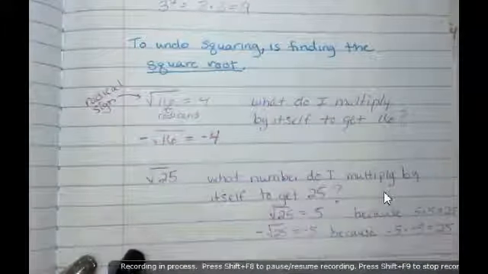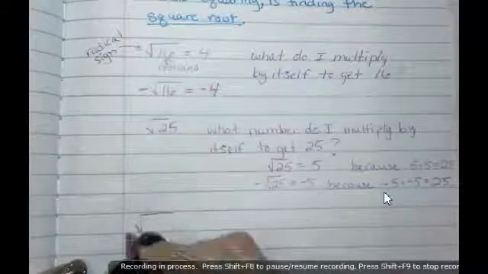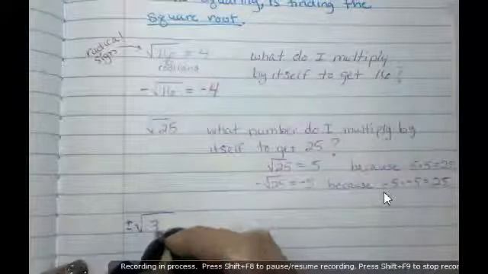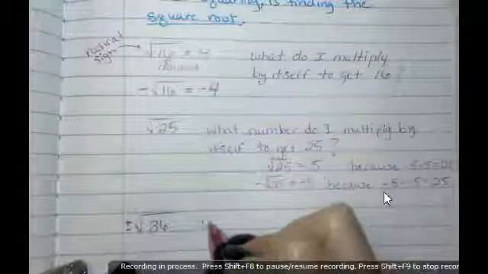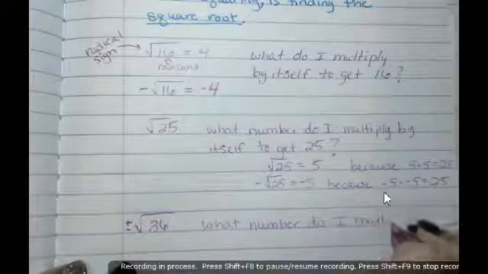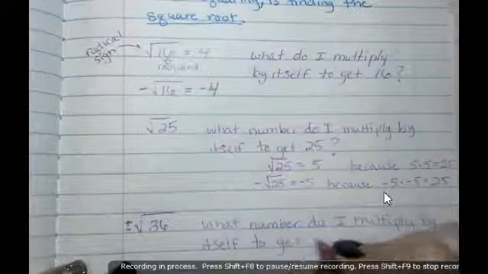If I wanted both of these answers at the same time, I could simply write it in a way that would request both at the same time. If I wanted the positive and negative square root of 36, what number do I multiply by itself to get 36?